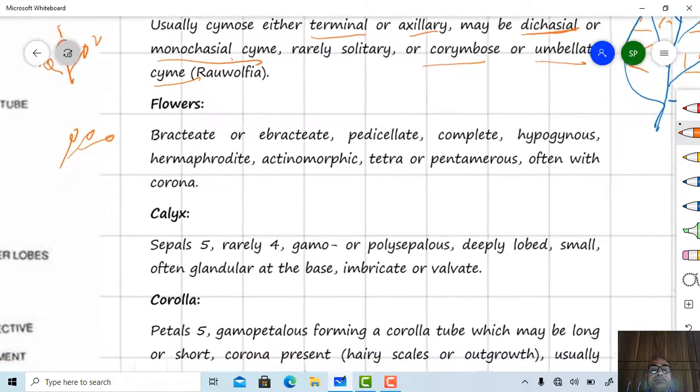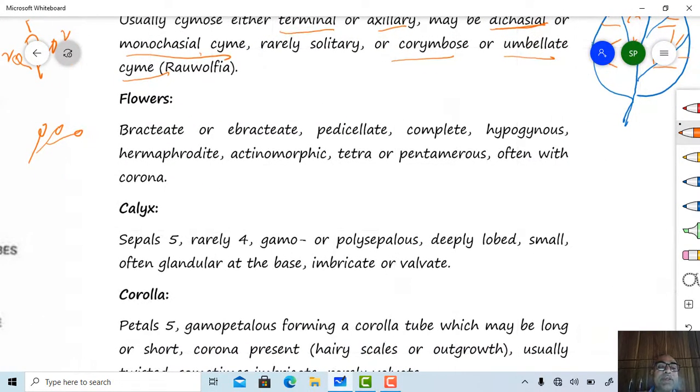Just about the flower, flowers may be bracteate or ebracteate. Bract may be present or absent. Okay, second case, pedicellate, flowers have pedicels. Okay, flower is a complete one. Presence of calyx, corolla, androecium and gynoecium shows the complete flower. Hypogynous, superior ovary will be present.